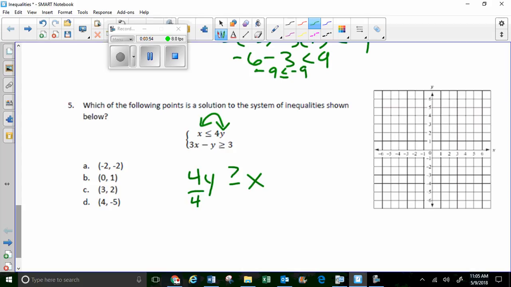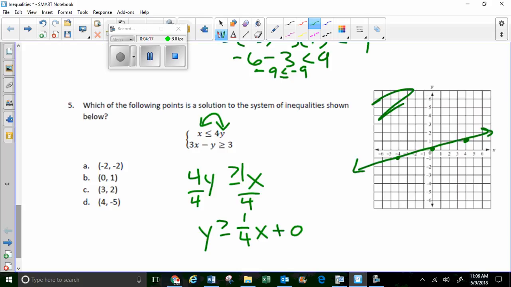And now solve for Y, divide by 4, which gives me Y is greater than or equal to 1/4 X. Doesn't have a y-intercept, so where does it cross? 0. So let's go ahead and graph that. Start at 0, go up 1 right 4, or down 1 left 4, and draw yourself a solid line shaded above.